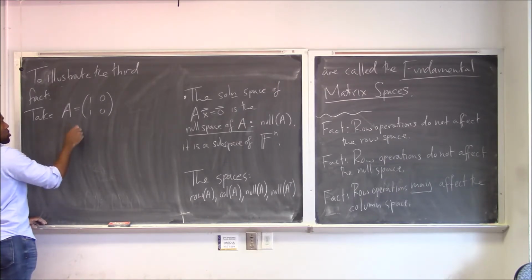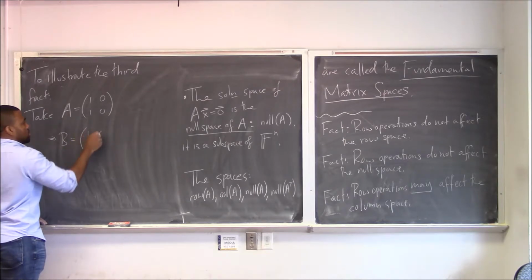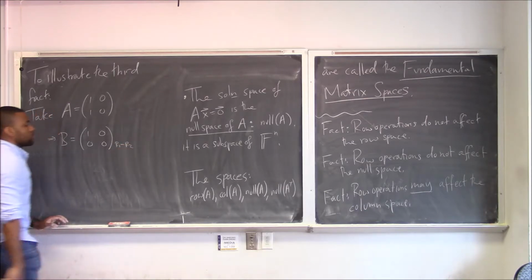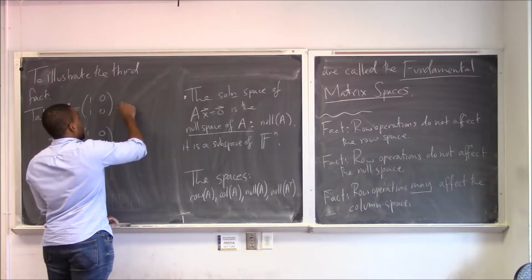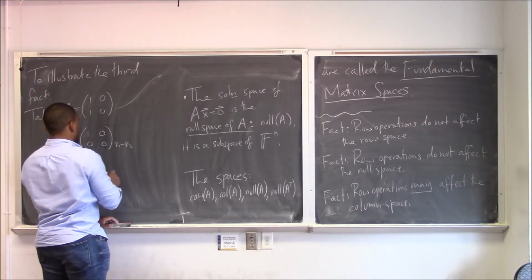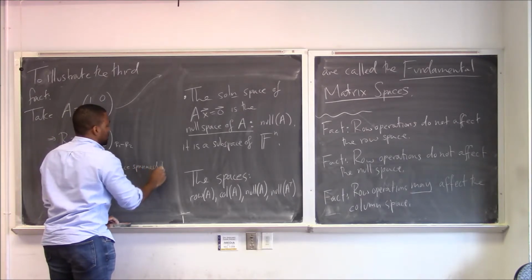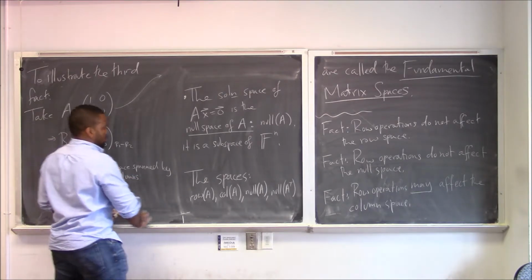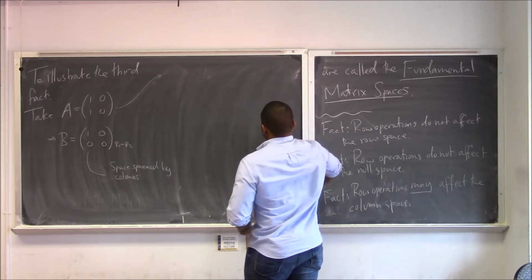Then notice I can do a row operation on that, where this is just row 1 minus row 2. Now let's look at the space spanned by the columns. I'm basically going to show you that they're different in this very small case.